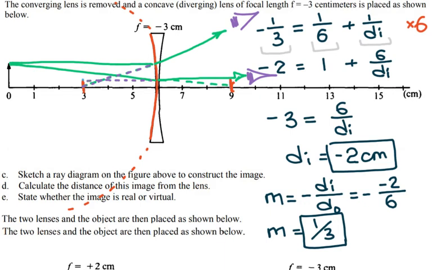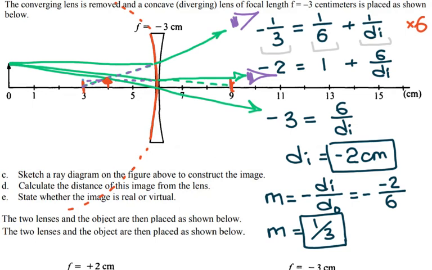And then for the last one, I have to place it through the center, and when it passes through the center, it doesn't refract. So the ray would go this way. And I see that all the rays, the dotted lines, and the last ray, they meet at the position over here.